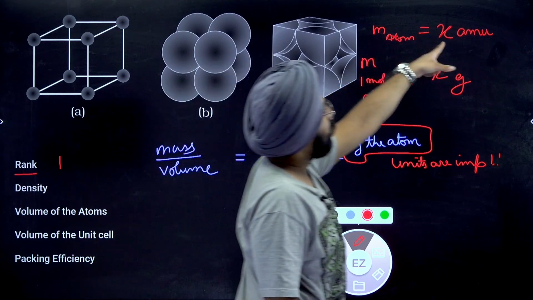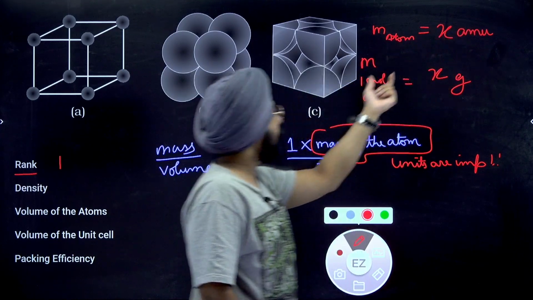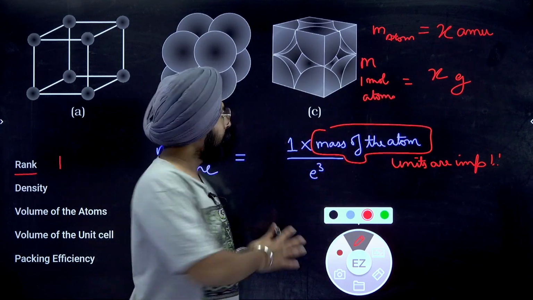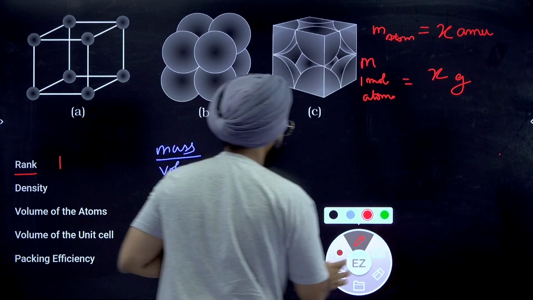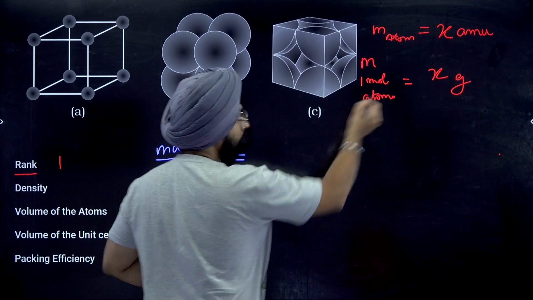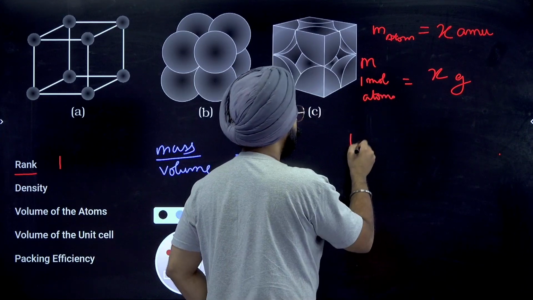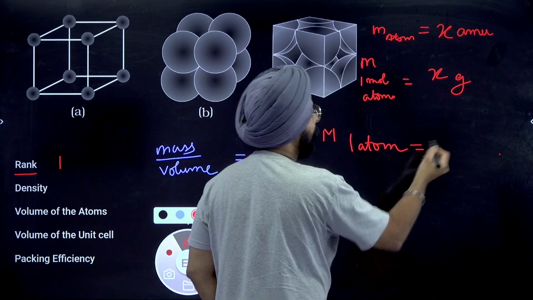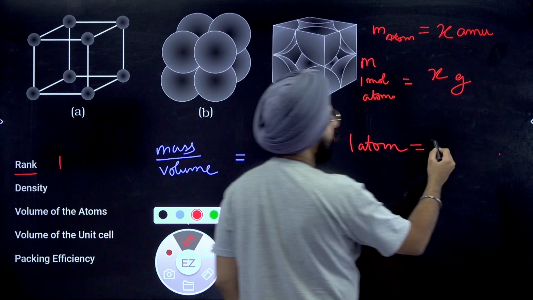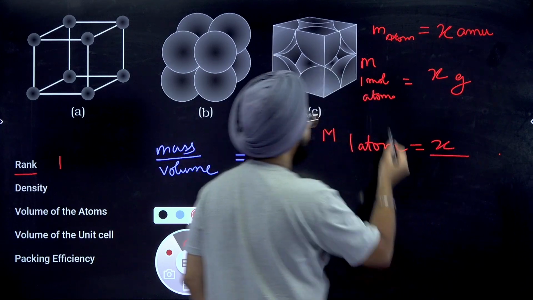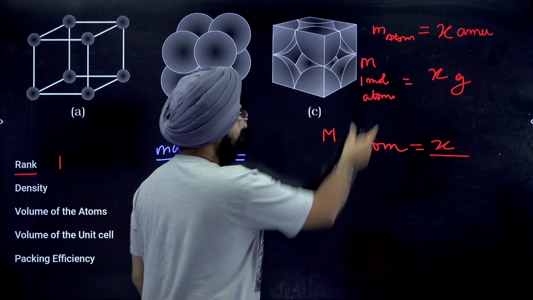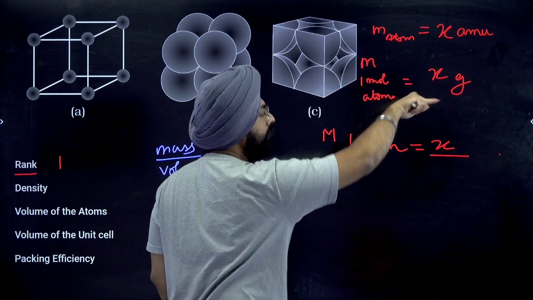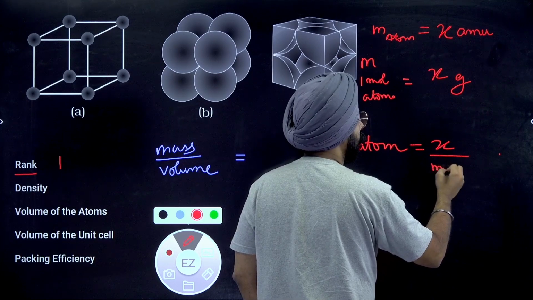So the mass of one atom is X atomic mass units, but what is the mass of one atom in grams? We can calculate it from here, right? The mass of one atom in grams is basically equal to X divided by mole. This is for 1 mole of atoms. So for one atom, X divided by 1 mole. What is mole?